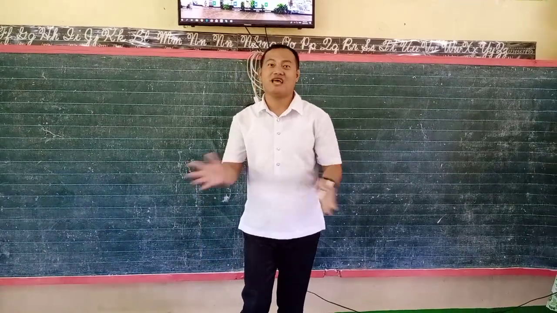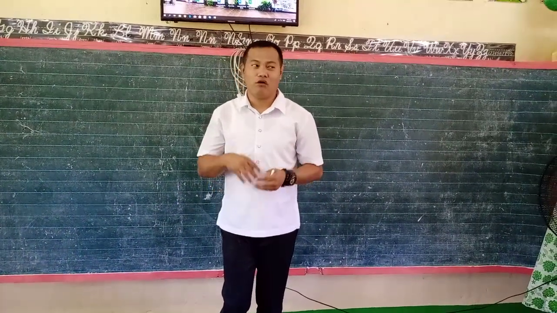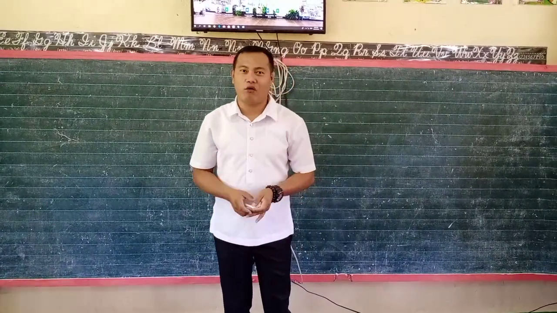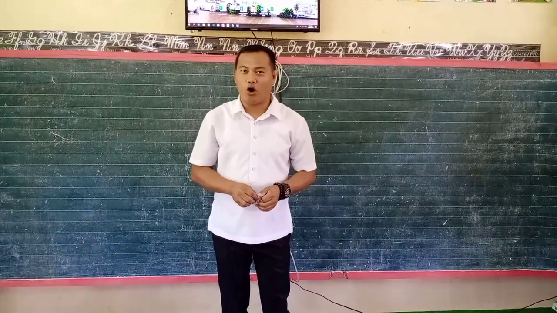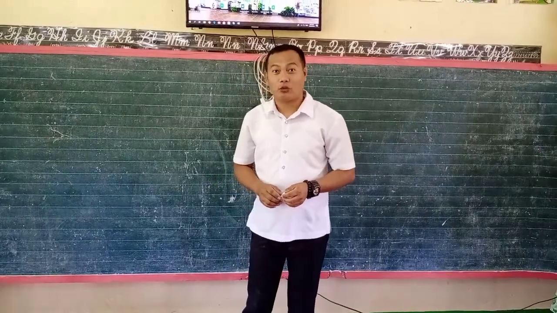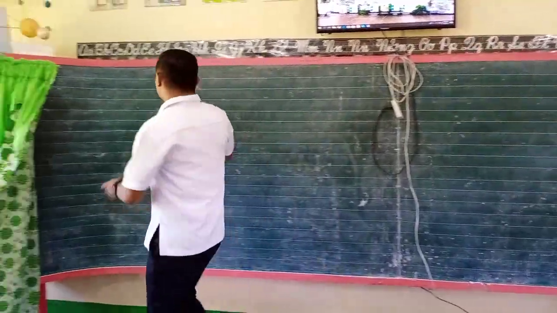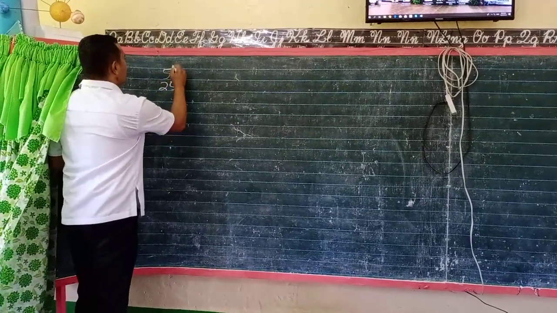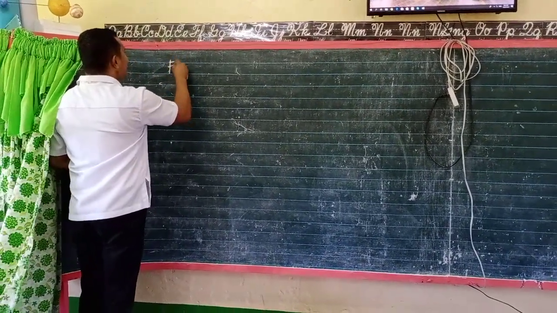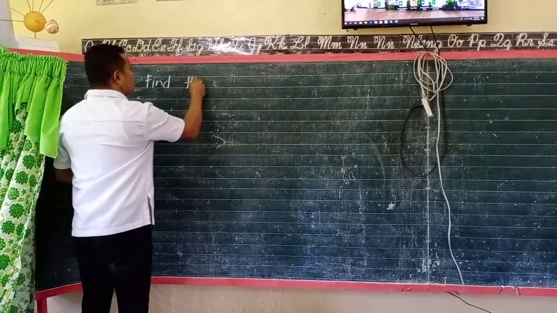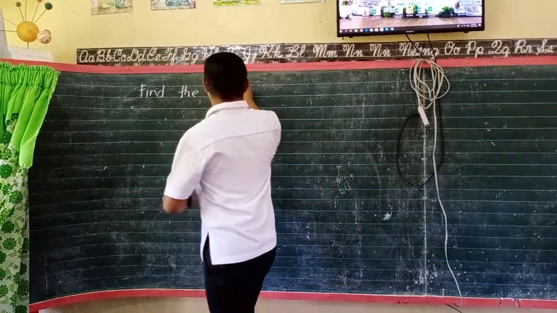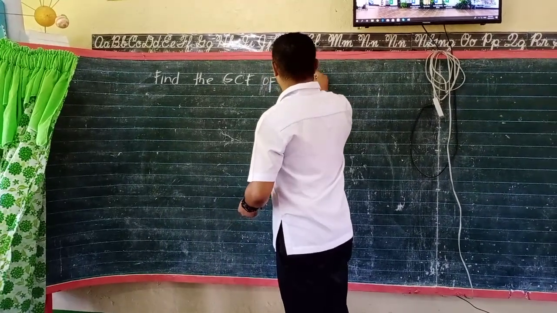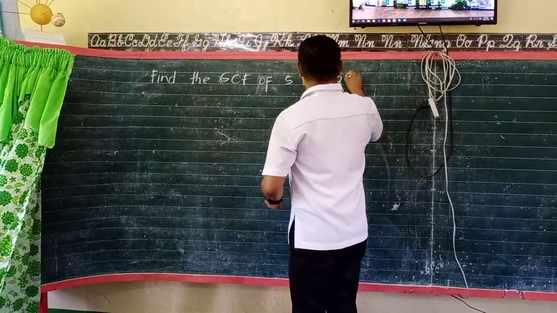Alright, so this time let's have an example for better understanding. Let's consider that we wish to find the GCF of 5 and 25.